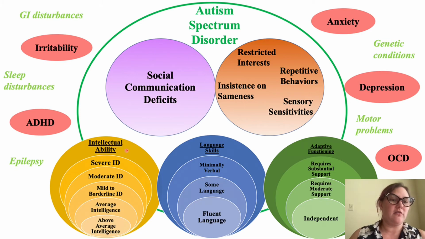So intellectual disability, we would specify whether they also have severe ID, moderate ID, mild to borderline ID, average intelligence, or above average intelligence.